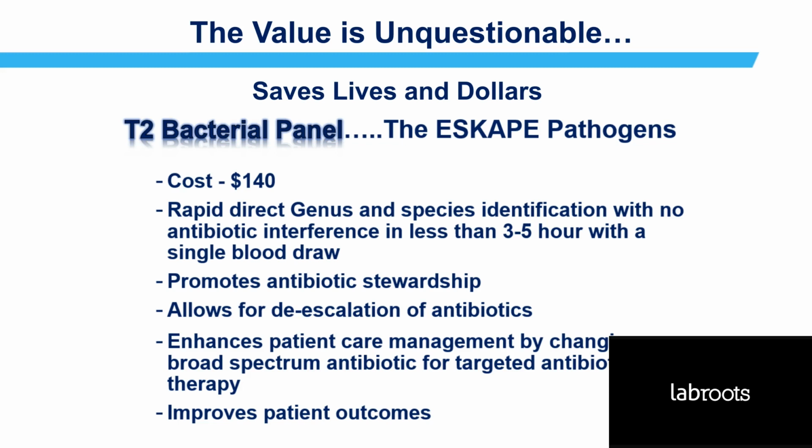As you heard from Dr. Snyder, this also promotes antibiotic stewardship. It then allows for de-escalation of antibiotics by the PharmD in consultation with clinicians, and it enhances patient care management by changing broad-spectrum antibiotic to targeted antibiotic therapy, thereby improving patient outcomes and providing high-value outcomes for our patients.